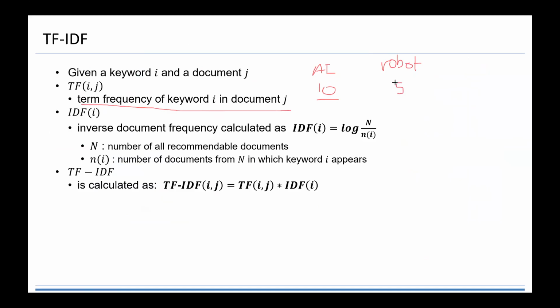And the inverse document frequency is calculated as IDF equals log of n over n i, where n is the number of all recommendable documents, and n i is the number of documents from n in which the keyword i appears. So TF-IDF means we take the TF value multiplied by the IDF value.